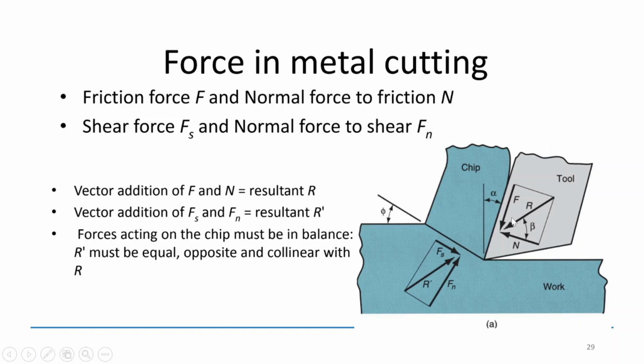It will be opposite in direction but equal and collinear. So the friction force F and normal force N are in case of the tool, and the shear force and the normal force to shear are in the workpiece, and this phi is again the shear angle.